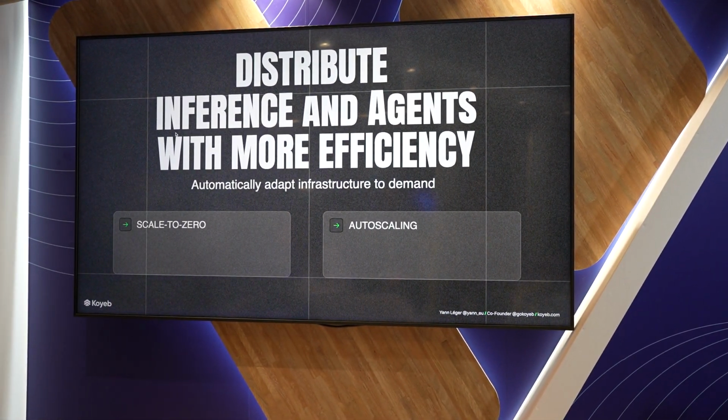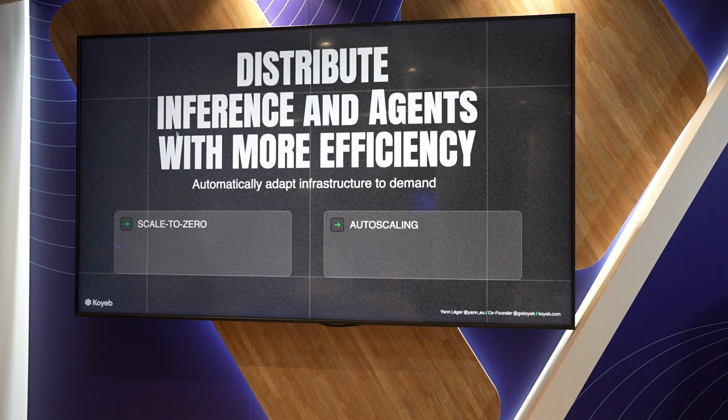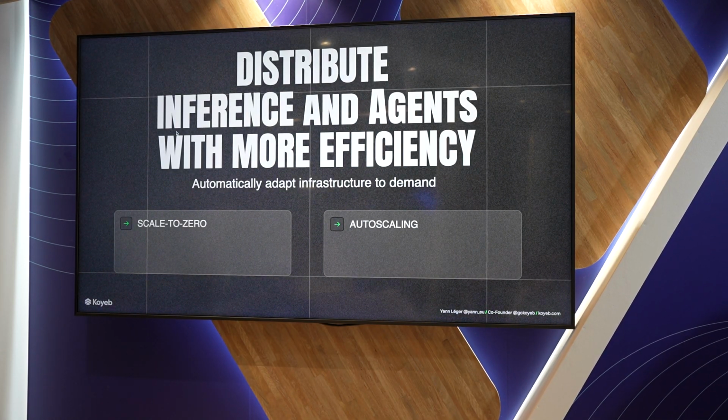What we looked at is two key aspects. We looked at how we distribute inference and agents with more efficiency. This works if you want to run a simple model on a GPU, but you can also run thousands of containers for agentic workloads or for more traditional APIs. We have people doing it for traditional SaaS software too. And we have two key features to help you adapt the infrastructure to demand.